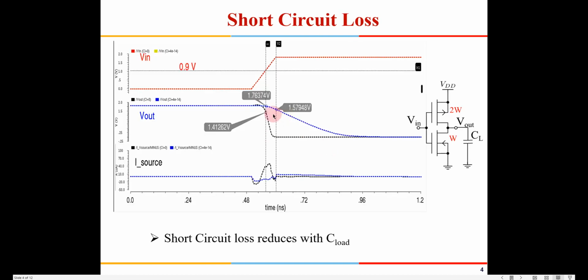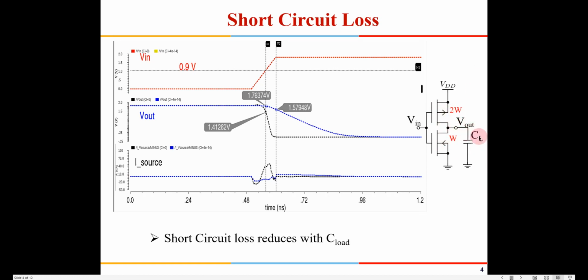Now this thing I missed out in the last class. When you have a load CL connected to a device, which is much higher than the intrinsic capacitances, at this particular output node you have the drain-gate capacitance, and also the drain-gate capacitance here, and again this CL is because of the external gates which this inverter is going to drive.